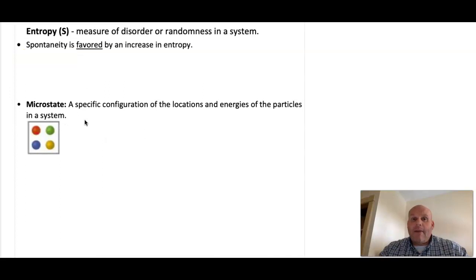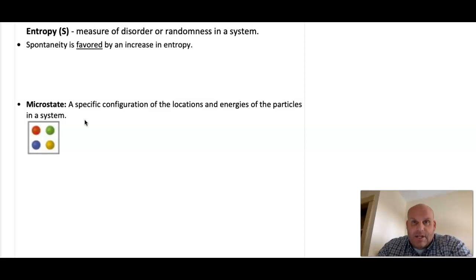Now let's talk about microstates with regards to entropy. You can see here the definition for a microstate: a specific configuration of the locations and energy of the particles in a system. In this example, we're going to define the system as this box with these four particles or atoms in the box, and you can see there are four different particles of different color.